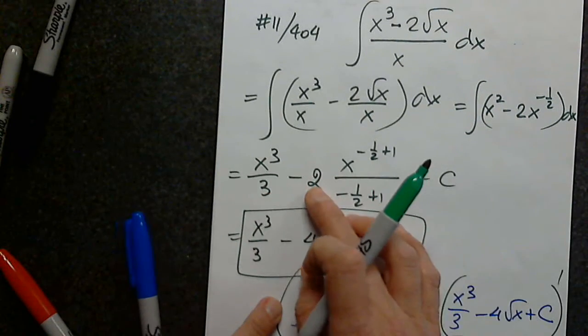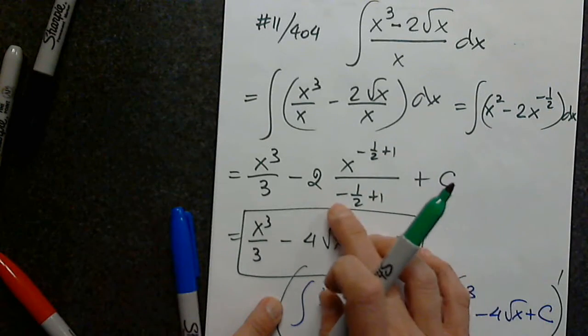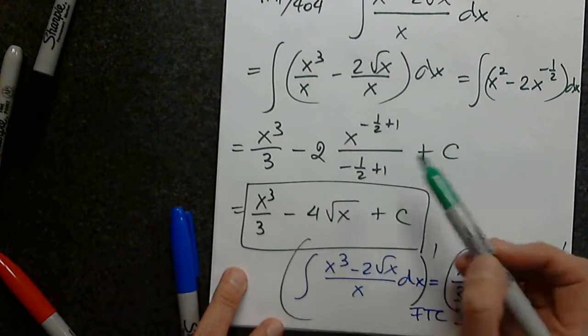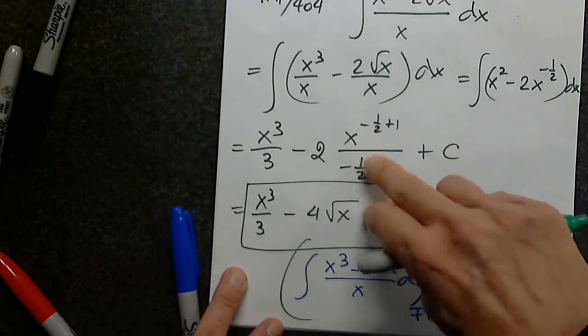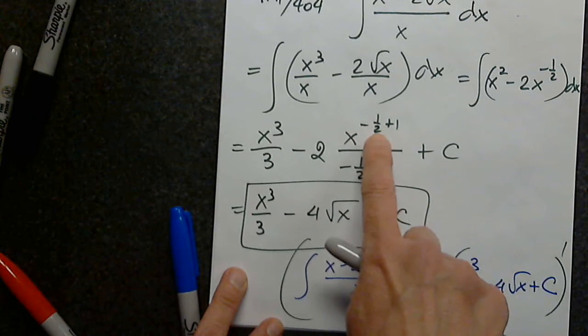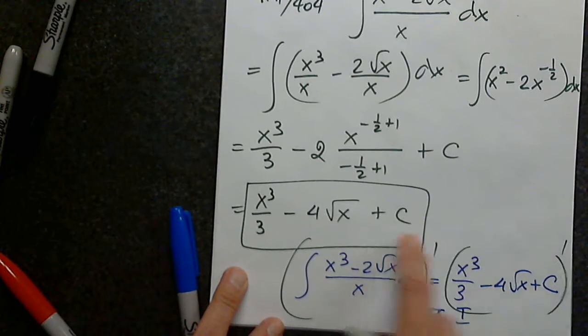Then minus 2 gets copied. So x to negative 1/2 plus 1 over negative 1/2 plus 1 plus a constant c. So now, this was 1/2, but it's 2 over 1, so I have to multiply by 4. X to 1 minus 1/2 will be the square root of x plus c. Is that okay? Yep. Okay.